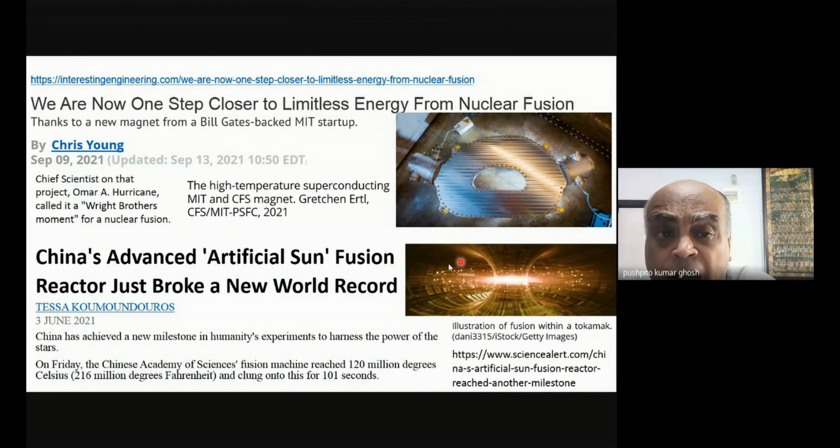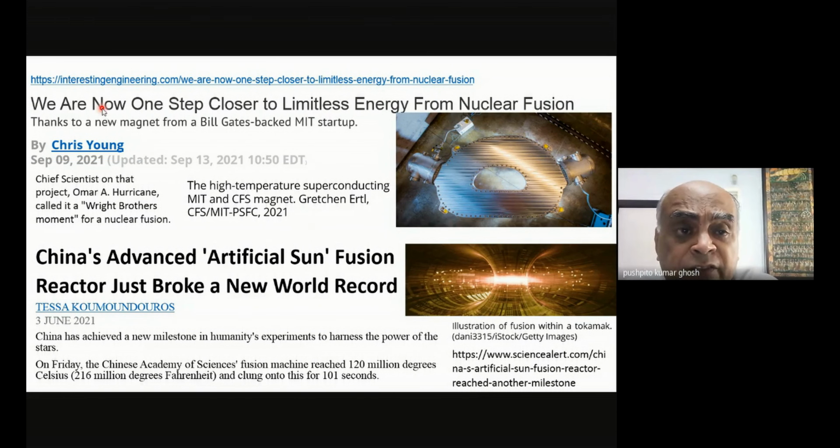But about 30 years back, there was a major discovery that you can get superconductivity at much higher temperatures, almost at liquid nitrogen temperatures. You can make things superconducting.